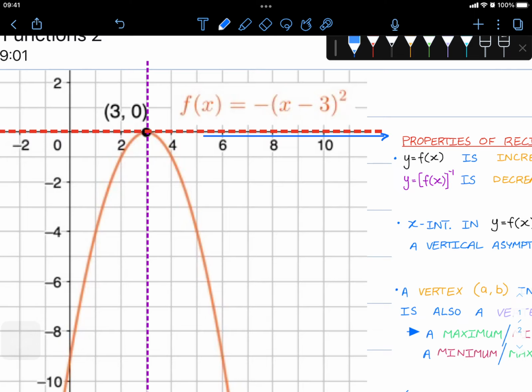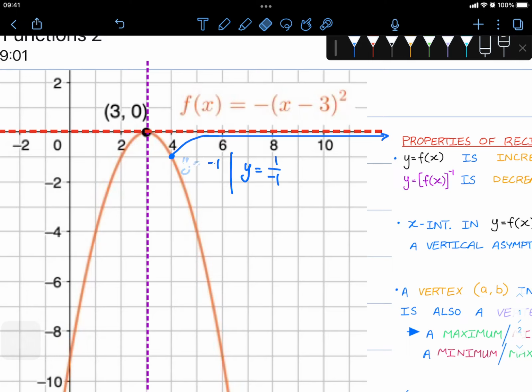But then let's find a few points that we can find the reciprocal of. Like for example, this point here, it has a y value of -1. When we take its reciprocal, it'll become y equals 1 over -1. So our reciprocal will actually intercept that point, right?